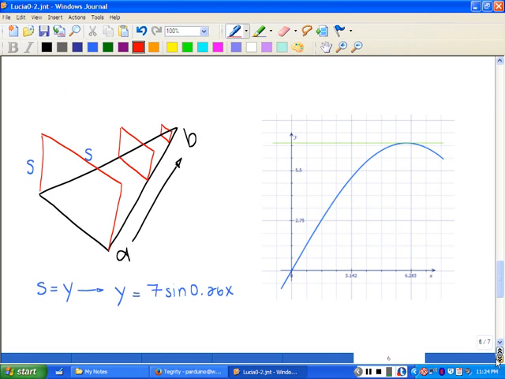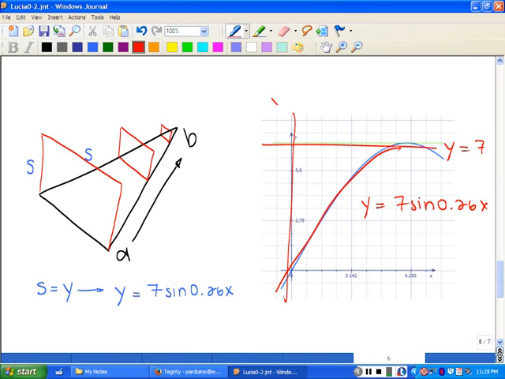So once moving on here, in graphing the equations on a calculator, we can see that we have y is equal to 7, y is equal to 7 sine 0.26x, which are all bounded by what we have here as the y-axis.